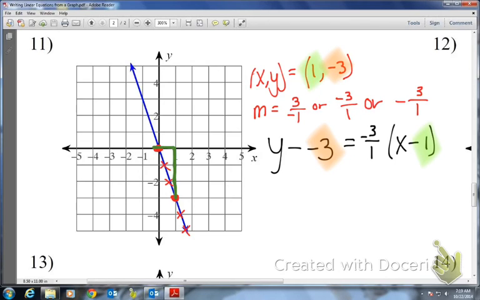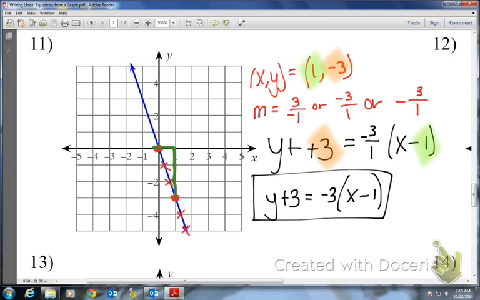So when I simplify this, double negatives become a positive, so y plus 3 equals -3 over 1, which is just -3, times x minus 1. All right, and that's point slope formula. So please make sure that you write that down, and then you guys can go ahead and pack up, and we'll get ready to leave. And this is your homework for tonight.